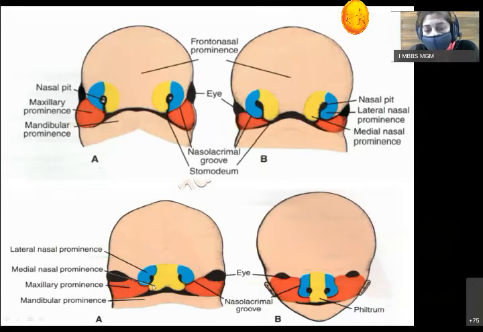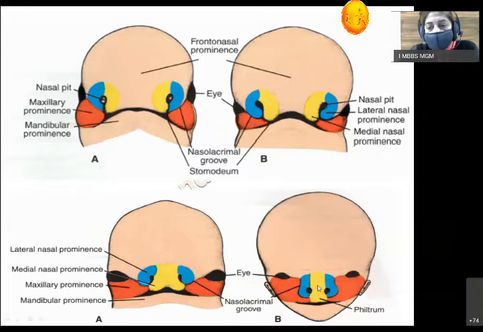the expansion of the maxillary process causes the external nares to come close to each other. Okay, because of the expansion of the mandibular process, the external ears come to their position. And because of the expansion of the maxillary process, the eye also gets its normal position.